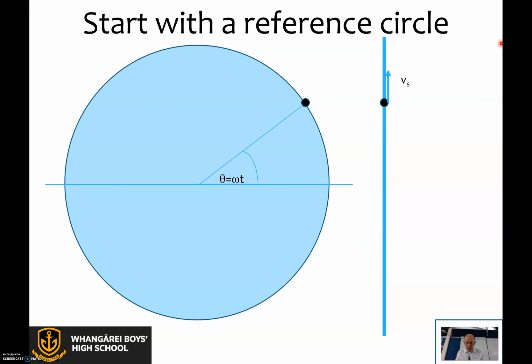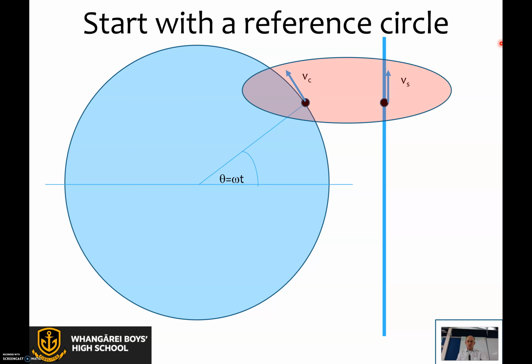So we can draw in the velocity for that there, and the previous one, this little Vs, this is the velocity, the instantaneous velocity of the simple harmonic motion oscillator. I say instantaneous because it changes all the time. Now this is the instantaneous velocity of the thing that's doing circular motion at that moment, Vc, circular motion.